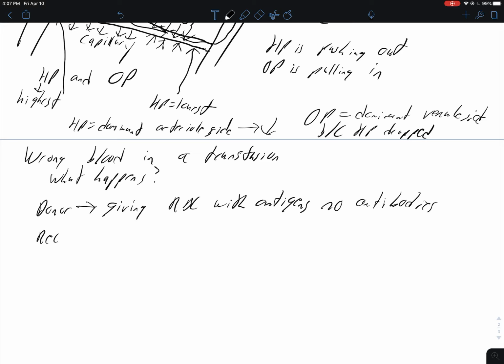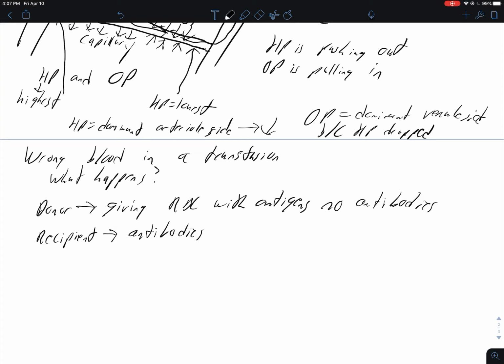The recipient, what we have to worry about with the recipient is the antibodies in the recipient's blood. Okay, so let's say we give the wrong blood to the recipient.